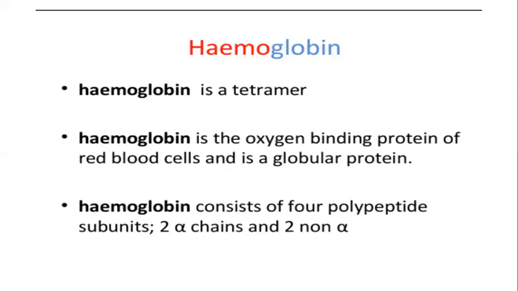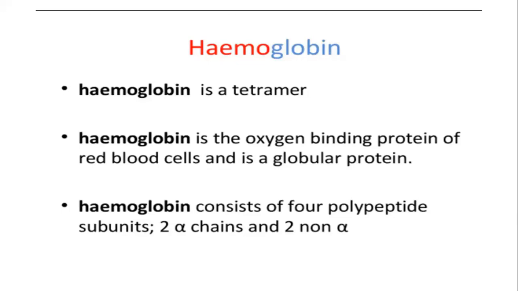So hemoglobin is an oxygen binding protein, and it's also a globular protein, and we shall be looking into this particular protein. Hemoglobin, as I did mention, has 4 polypeptide chains. These polypeptide chains, in our descriptions as we move along, will form what we call subunits. I'll be talking about subunits a little later.